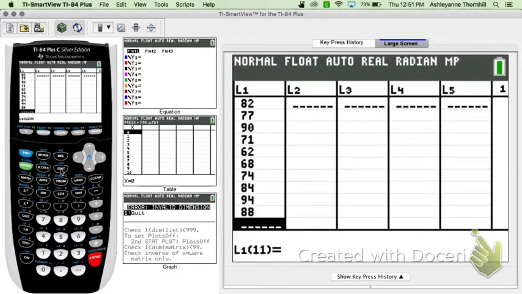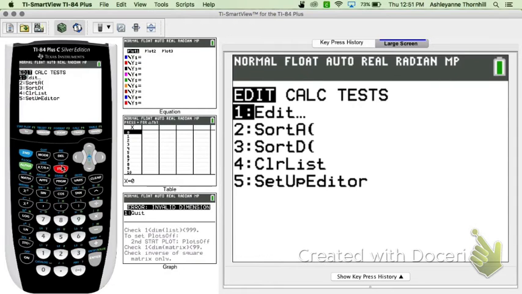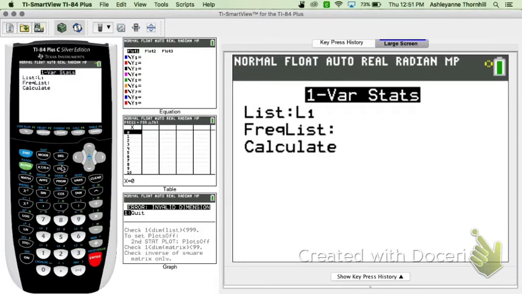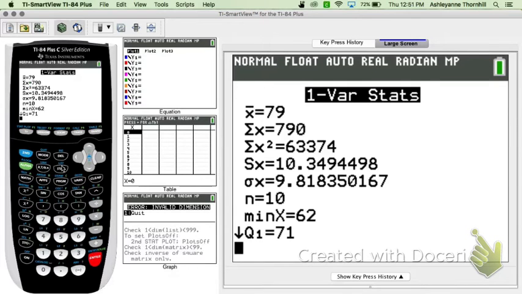From here, you want to do one variable statistics. So I'm going to go to Stat, Calc, enter. Keep the list as L1. You don't need a frequency list, and hit calculate. So from here are the things that we need.